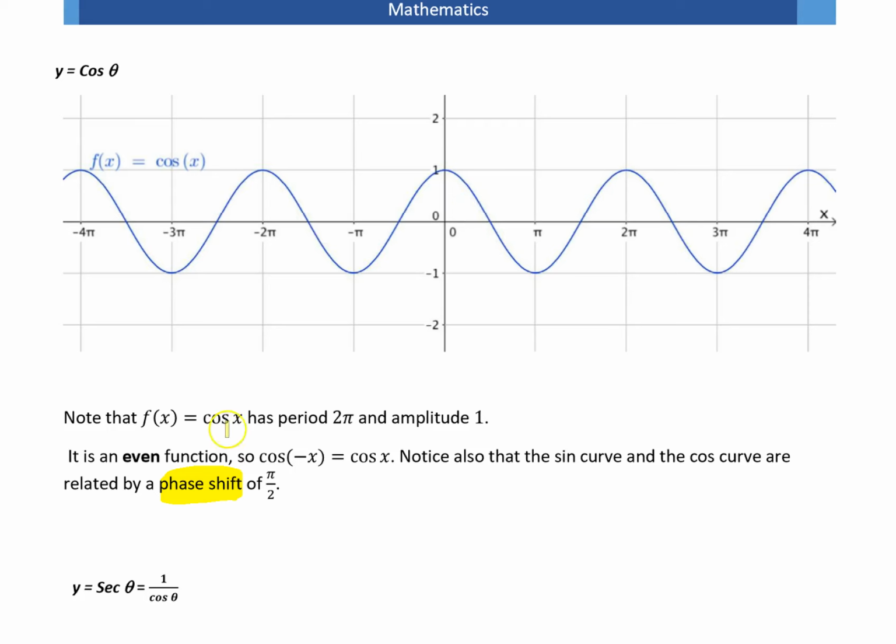Now, it is the cos graph, and instead of going through the origin, it starts at when x is 0, well, the cos of naught is 1. So we've got to start our graph up here. But you can see that, yes, it has a complete period of 2 pi, from 0 to 2 pi, and it's back to where it started.